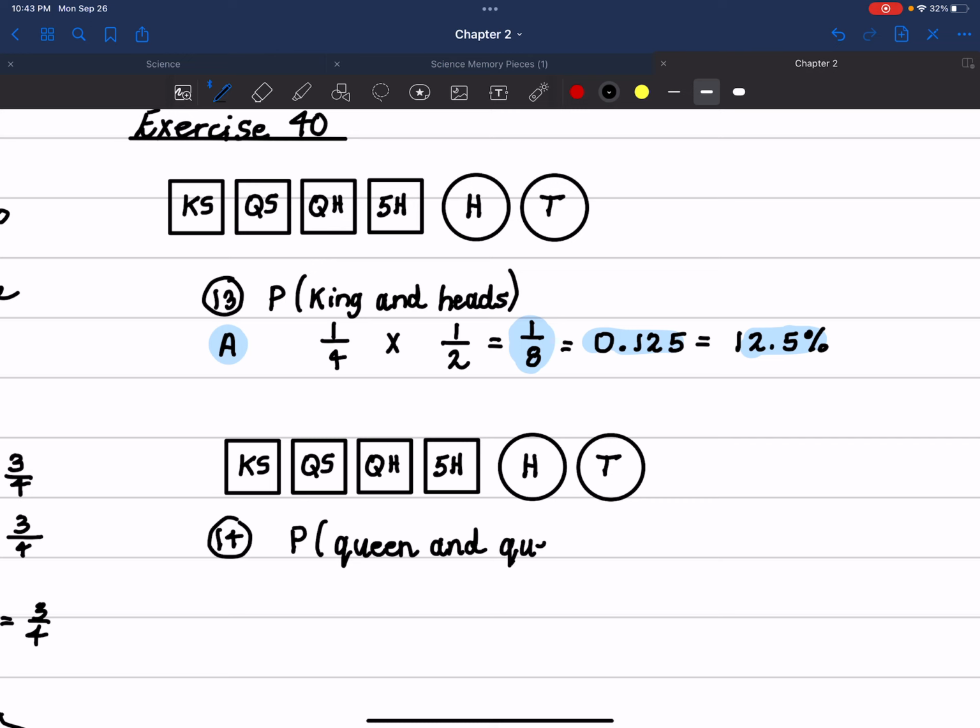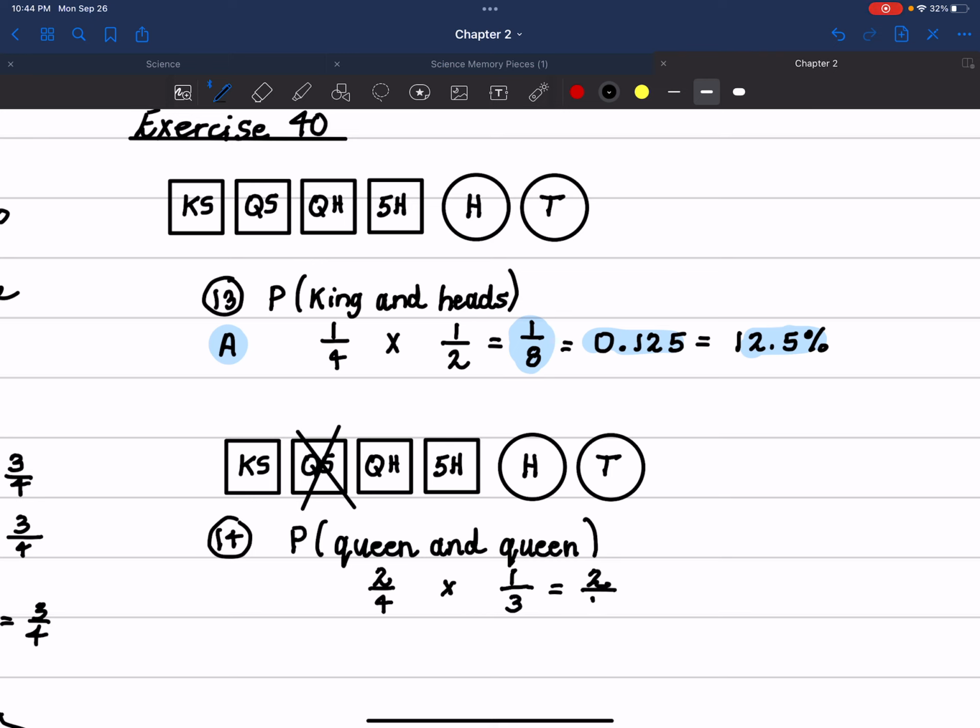It just says that she gets a queen and then another queen. So on the first draw, she has 2 queens out of 4 cards. And if we let her take one of the queens out, on the second draw, she would have 1 queen out of 3 cards. And the word and is multiply.